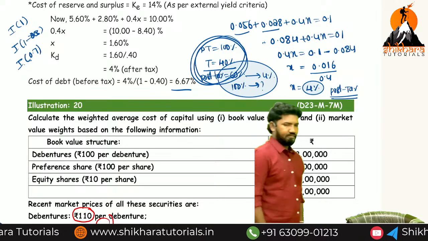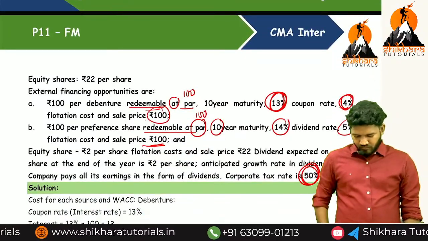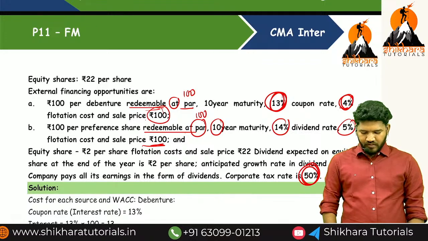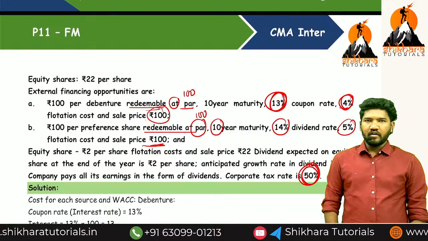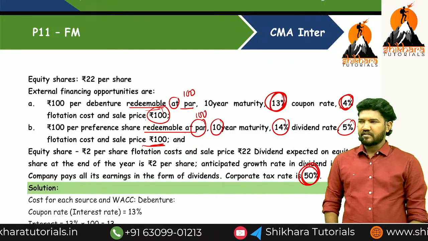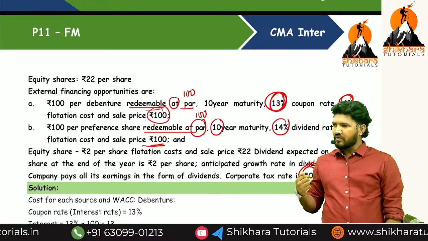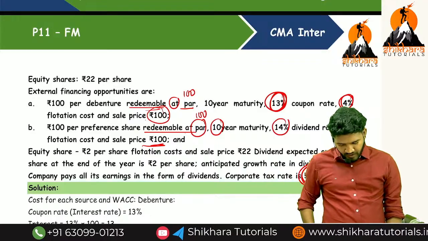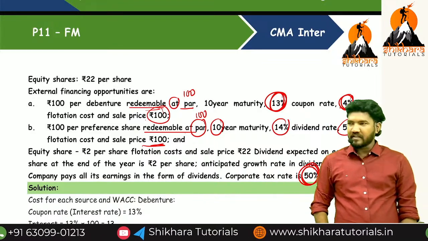They said equity share 2 per share flotation cost and the sale price is 22. How much net received as per equity shares? 22 rupees market price, they sold for 22. They received 20 rupees only, the reason being 2 rupees flotation cost. What about the dividend? The expected dividend on equity share at the end of the year is 2 rupees.